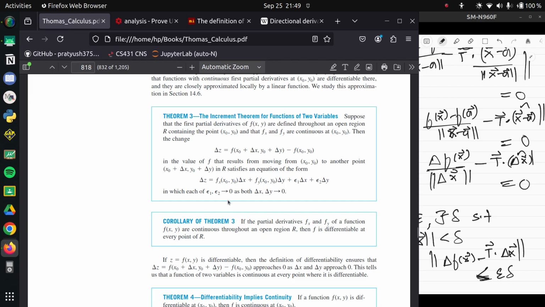I can just treat the values together, and this doesn't. This should just really be epsilon times the square root of delta x squared plus delta y squared. We don't have each going to 0. That's not how it works.